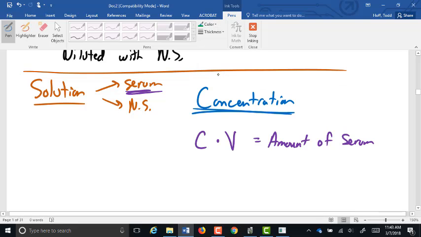So we're going to use our dilutions here today to take that concentrated solution, which we're going to call a concentrate, and we're going to dilute it even further to get it to a lower concentration.